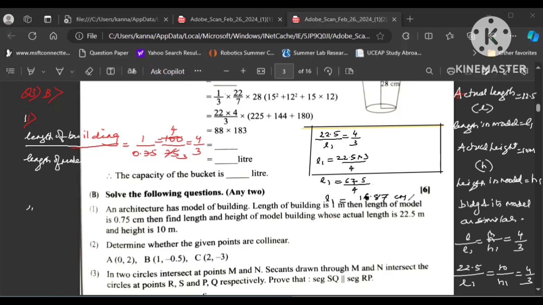Okay, children. In the same way, when I do H1, please have a look at this. I want the height of the model also. So check it out, children.